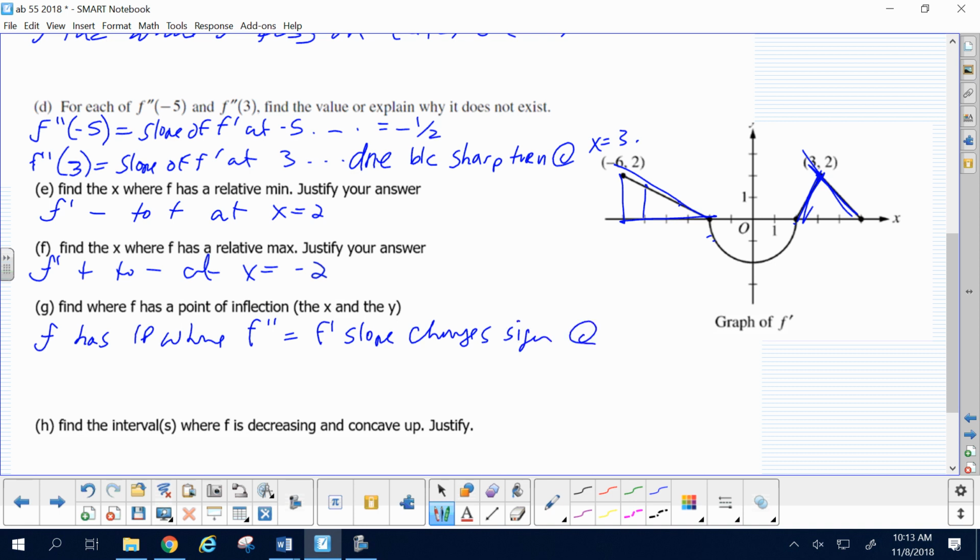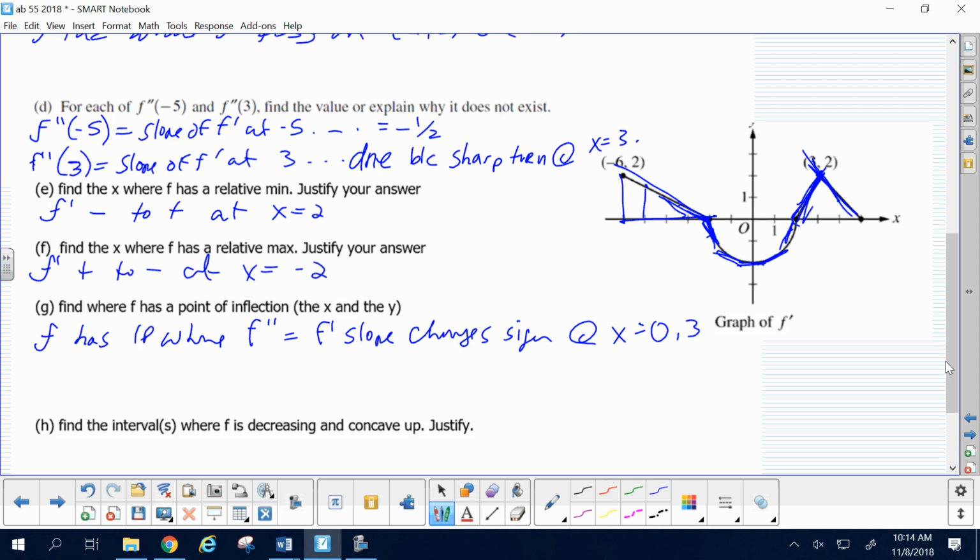And that is at, the slope changes here, but does it change sign? It was negative before and it's negative after, so that's not it. How about here? Negative, then positive, so that's 1. How about this is positive, then positive, so not that. How about here? Positive, then negative, that is another. So inflection points at 0 and 3.